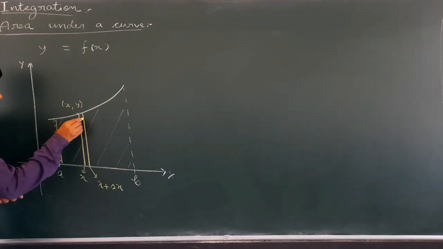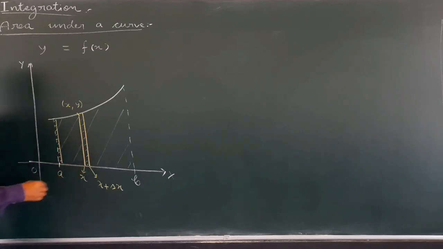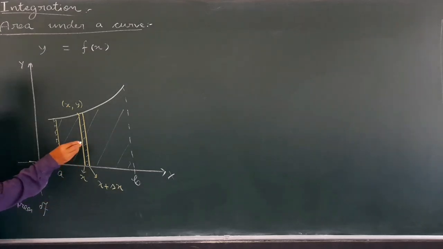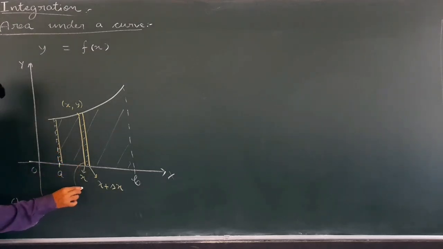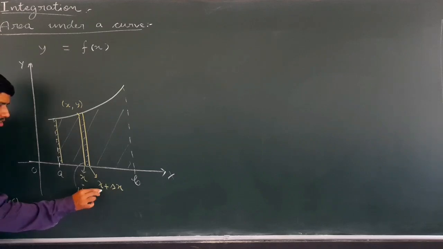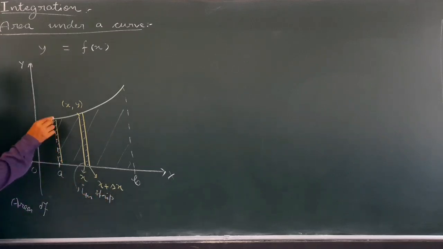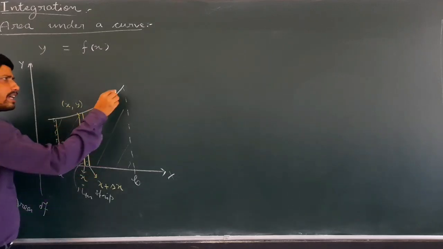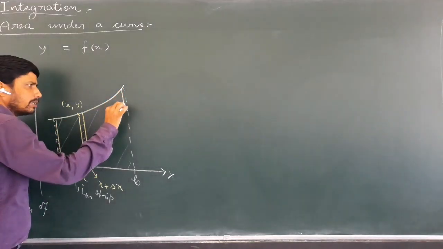Area of this strip, I'll call it as ith strip. This is ith strip. So this is the first strip, and we'll have second, third, fourth, and so on. This is ith strip, and the last strip will be over here.